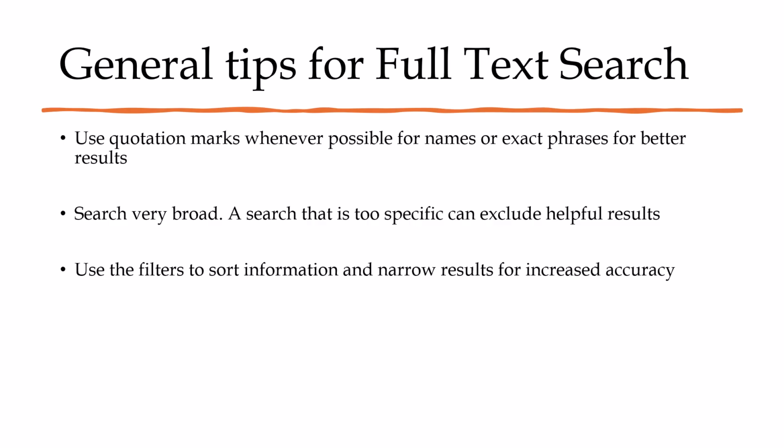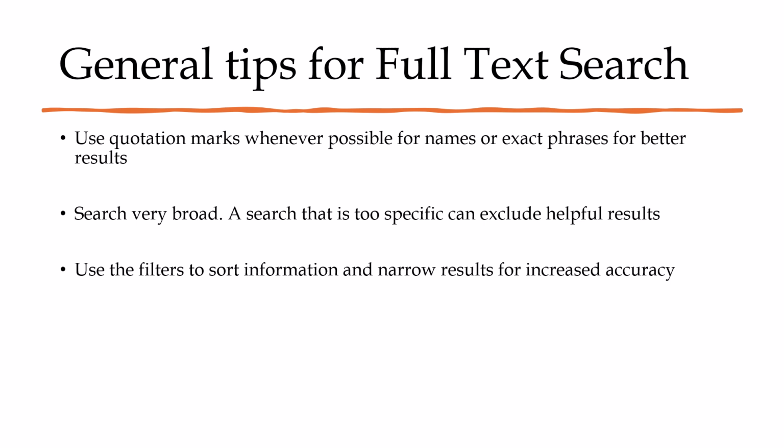So I just wanted to go over on the last slide some general tips for full text search. Some things that I have found pretty helpful in my research when going through full text search is to use quotation marks whenever possible for names or exact phrases to get better results. I also like to search very broad. A search that is too specific can exclude a lot of helpful results.